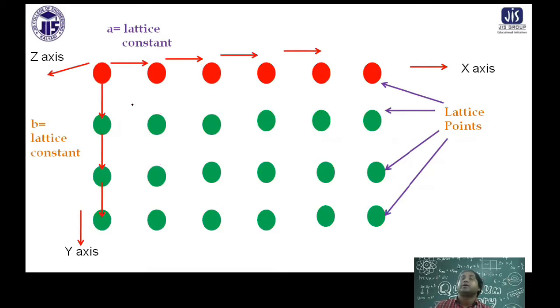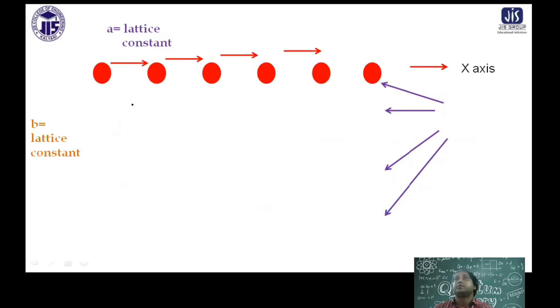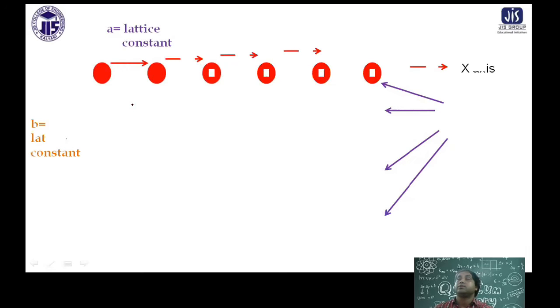If we make a 3D plot, that will give a 3D view. You can see what is lattice point, what is lattice constant. I just repeat the story. The four arrows on the right hand side define the lattice constant.